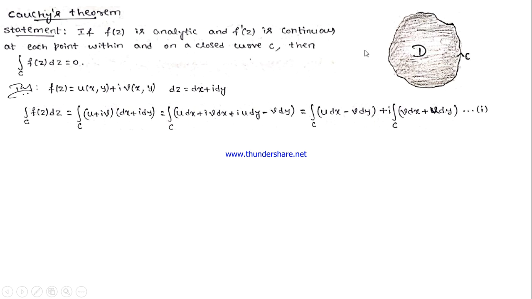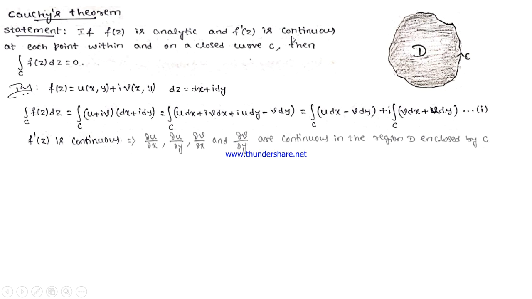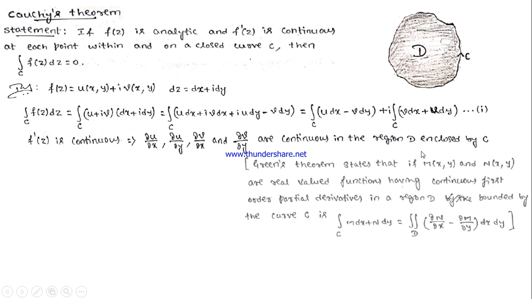So now it's time to use the given condition that f dash of z is continuous. This means that the first order partial derivatives of u and v are continuous in the region D enclosed by C. In this region, you can prove these are continuous functions. If that is the case, we can make use of Green's theorem, and this is what Green's theorem states.